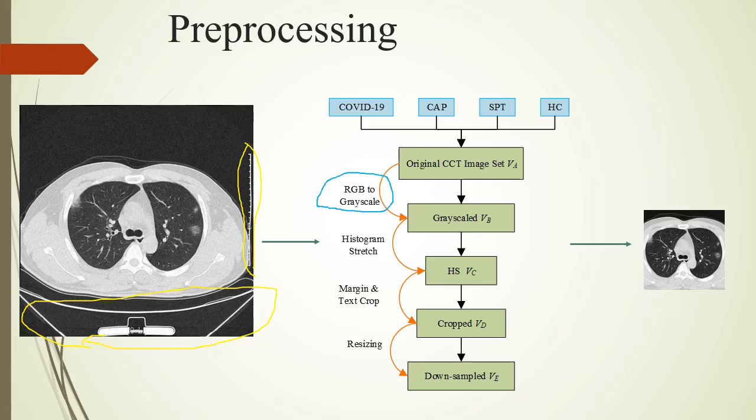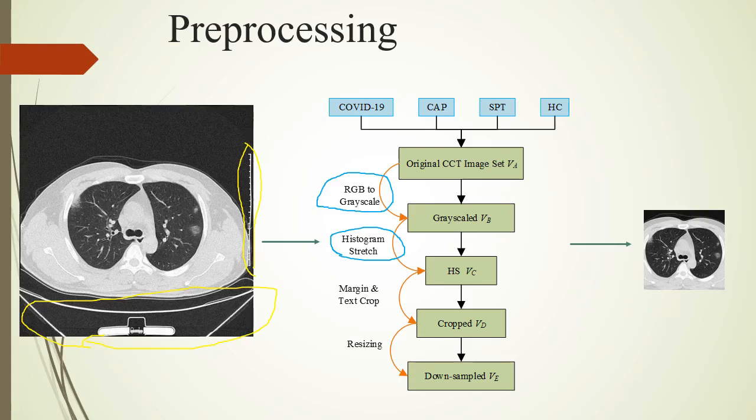Although there is no color information in the original image, the picture is stored in RGB, so we transfer it into grayscale, and then we do some histogram stretch to balance and enhance the contrast, to make it clearer to radiologists and to the machines.